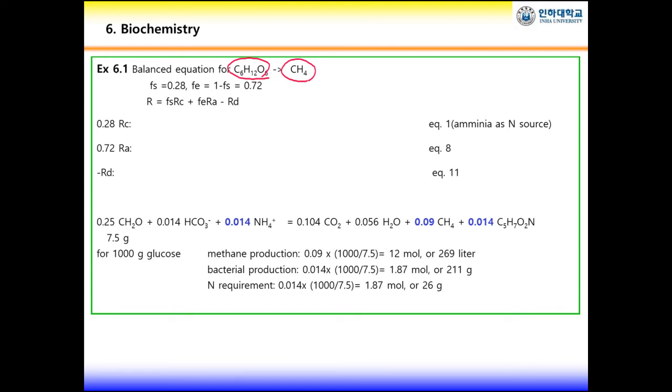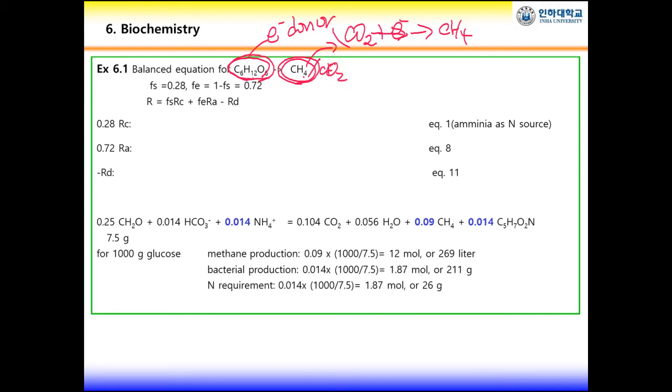What that means is glucose is the electron donor, and the electron acceptor is carbon dioxide, which combines with electrons and makes methane. So you can write down the half reactions for the electron donor, and also you can find the half reactions for the electron acceptor, CO2 to methane.